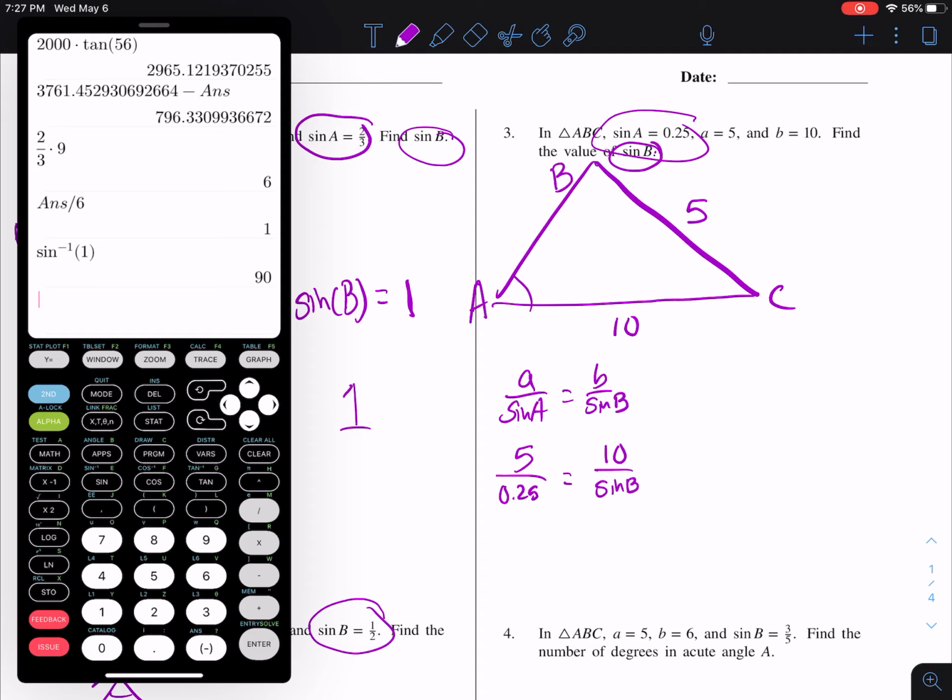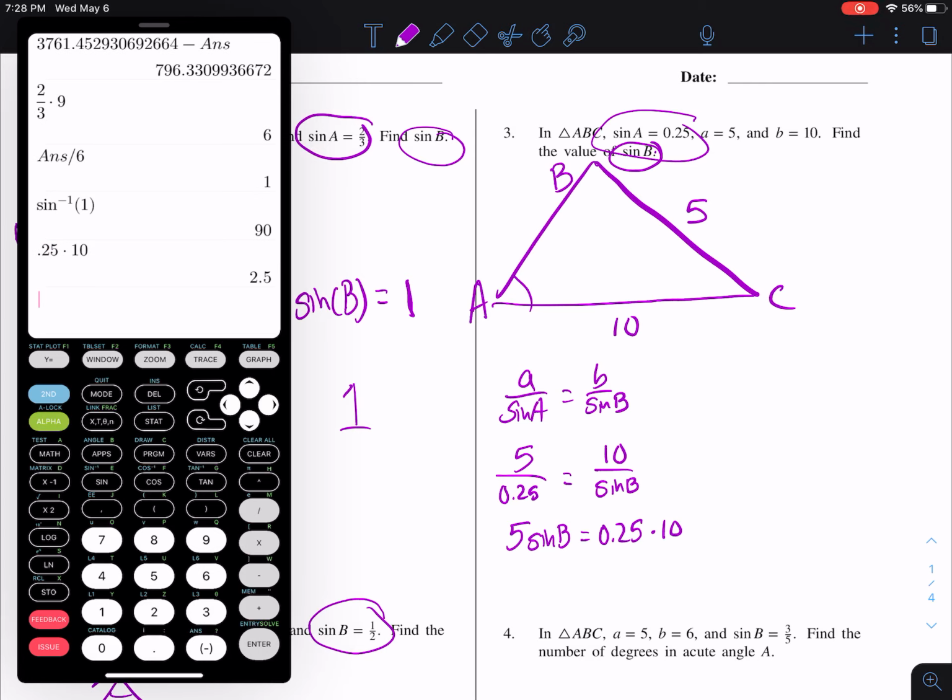So I'll cross multiply. 5 times the sine of B is equal to 0.25 times 10. Okay, so when I multiply that by 10, I just get 2.5, right? Just moves the decimal place over. So I get 5 sine of B is equal to 2.5. I divide by 5, and I get that the sine of B is 1/2.